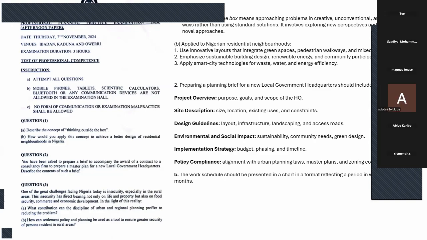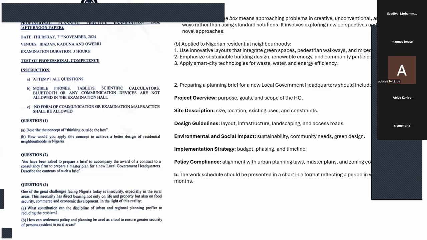We also have environmental and social impacts. As a staff member of the local government, you are supposed to tell the consultant the environmental impact of some of the projects, or maybe some of the roads that might be constructed. You mention how they will impact the society.